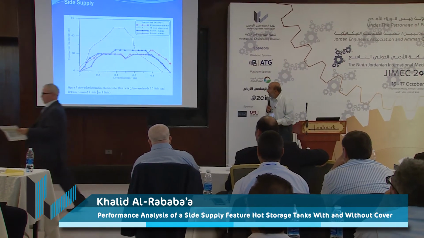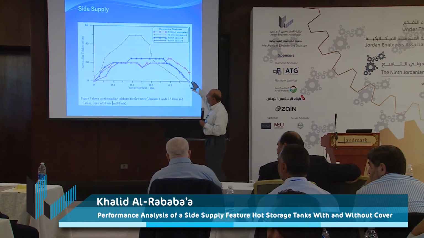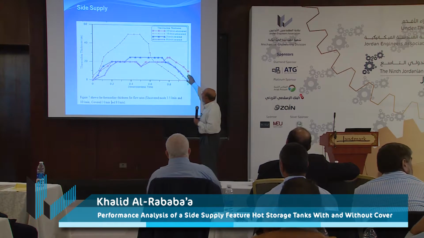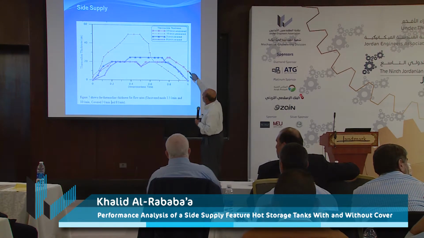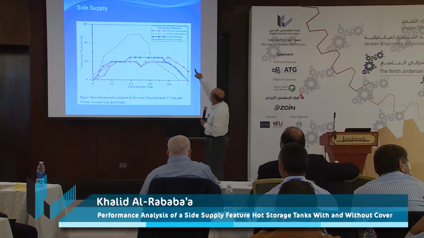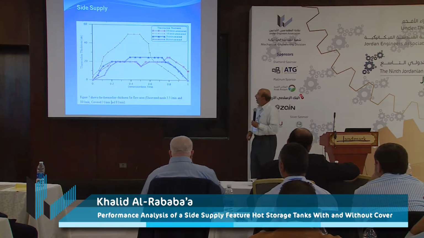Right here, this figure shows the thermocline thickness. A simple note: you can observe that the highest thermocline thickness is given for 10 liters per minute, the uncovered mode supply.